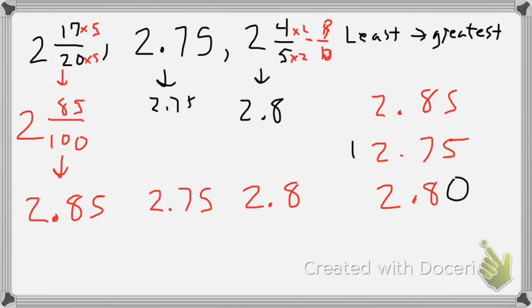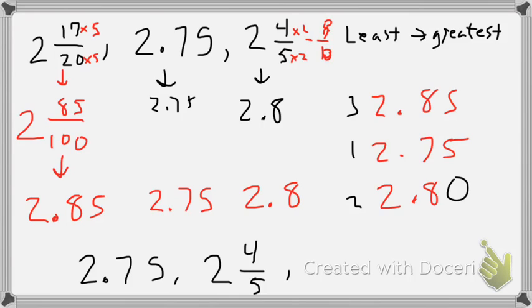So that will be the next biggest, and then the biggest. So 2.75, 2.8, and 2.85. Then we have to put those back in their original form and put them in order from least to greatest. So the first one was 2.75, and that one stays the same. The next biggest was 2.8, which is really 2 4/5. And the next biggest is 2.85, which originally was 2 17/20.